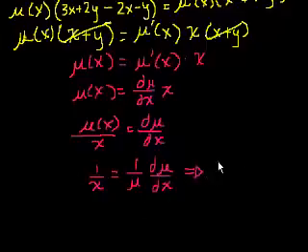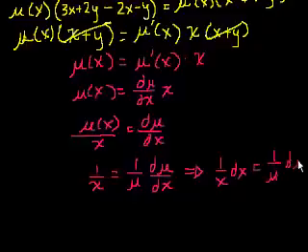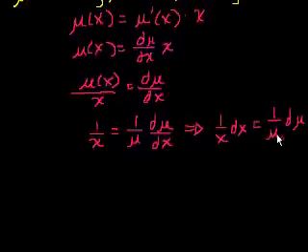Multiply both sides by dx, you get 1 over x dx is equal to 1 over mu of x d mu. Now you could integrate both sides of this, and you'll get the natural log of the absolute value of x is equal to the natural log of the absolute value of mu, etc., etc. But it should be pretty clear from this that x is equal to mu, or mu is equal to x, right? They're identical if you look at both sides of this equation. You can just change x for mu, and it becomes the other side.